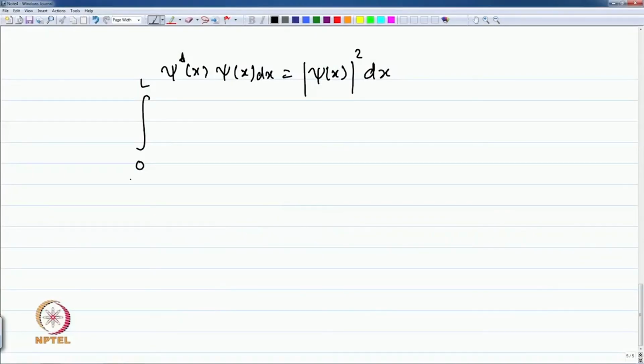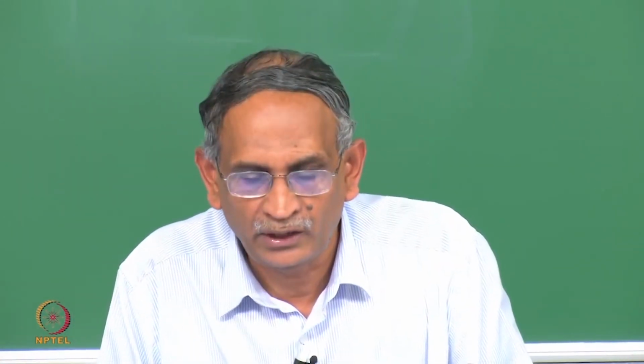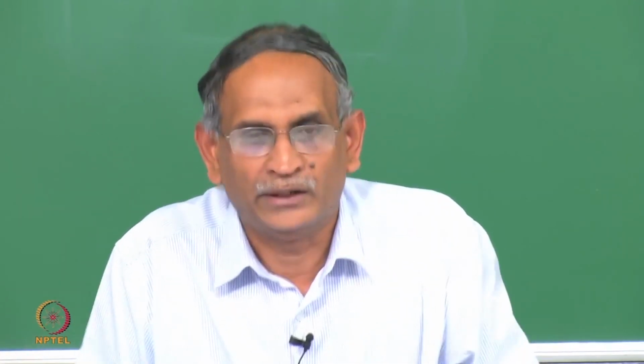Therefore, if you integrate the total probabilities, this being a continuous function, you have the integral from 0 to L of psi x square dx. That probability has to add to 1 because we have made sure that the potentials are infinite in our model. Therefore, the particle cannot be found outside of that region. Therefore, the probability that the particle stays inside the box is 1.